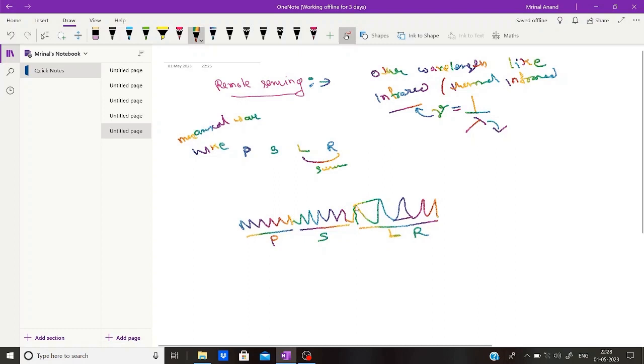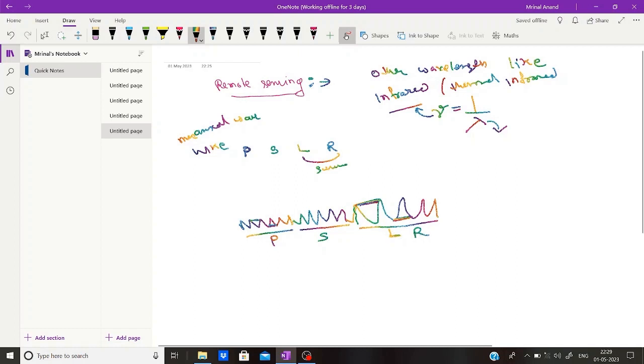When you connect the crest and trough, you see the distance between the crest and trough is very high. Here you can see very little distance between two crests and two troughs. So the wavelength is very high in the case of the Love wave. So it is very dangerous and causes a lot of destruction when an earthquake happens. So the Love wave is more destructive.